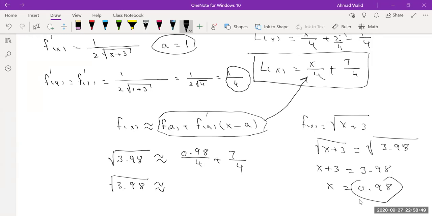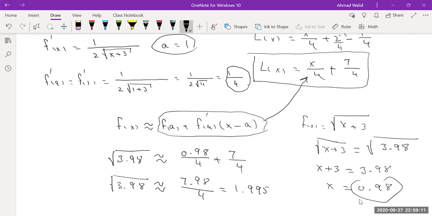The square root of 3.98 approximately equals, if I simplify these two fractions, 0.98 plus 7 gives you 7.98 over 4. And if you want to change it to a decimal number, it gives you 1.995.